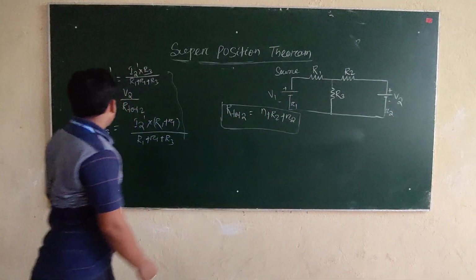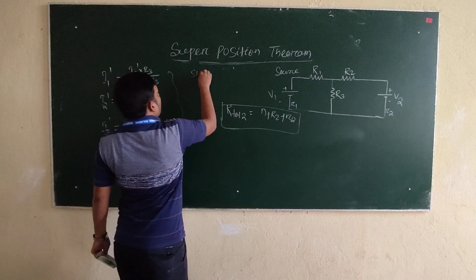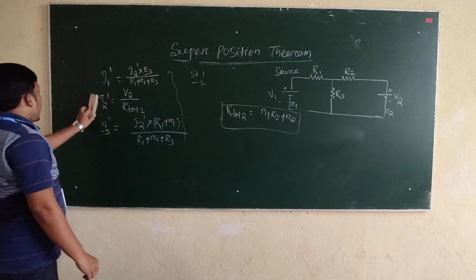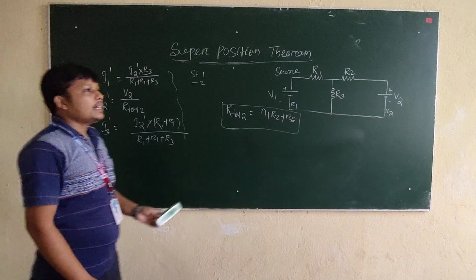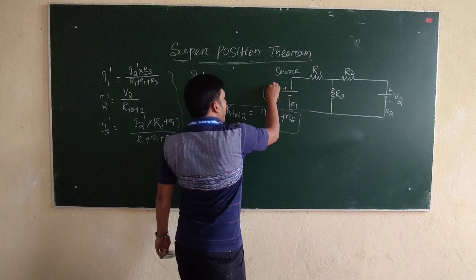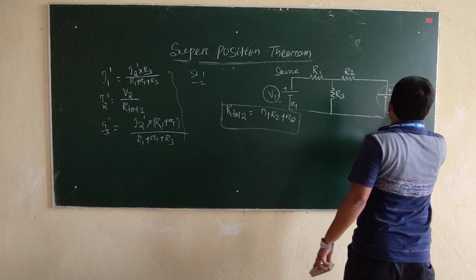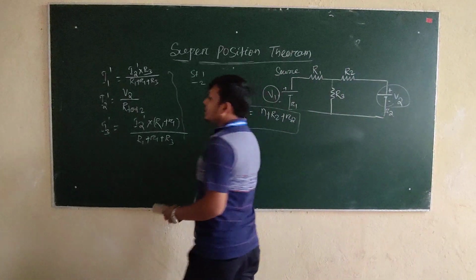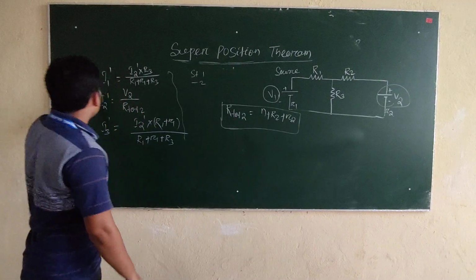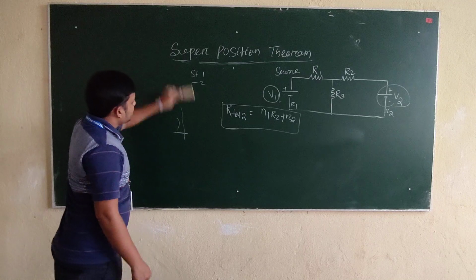Now we have found in steps 1 and 2 the currents I1, I2 and I3, and I1 dash, I2 dash, I3 dash. I1, I2, I3 are currents for the source V1, and I1 dash, I2 dash and I3 dash are the three currents for the source V2. Now in step 3, what happens?